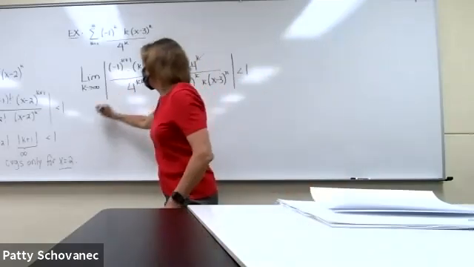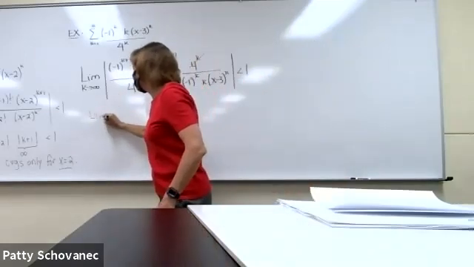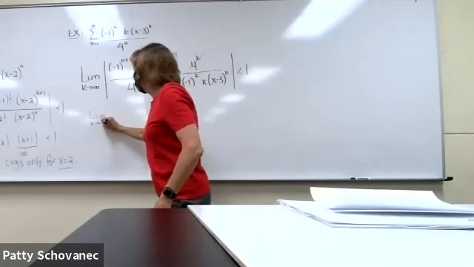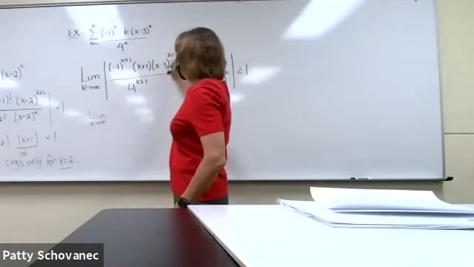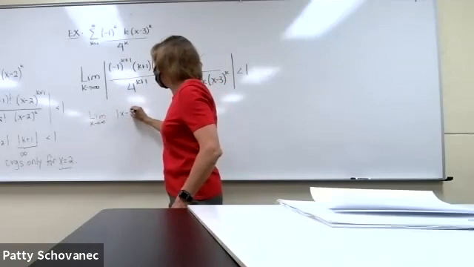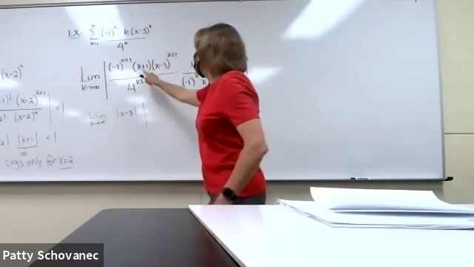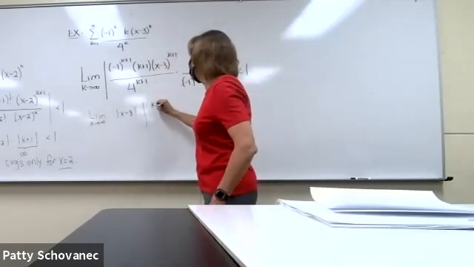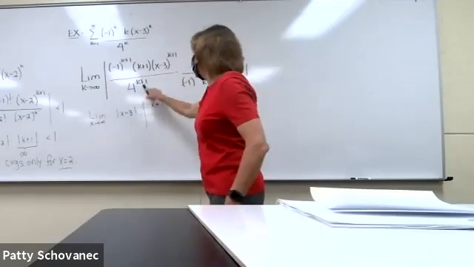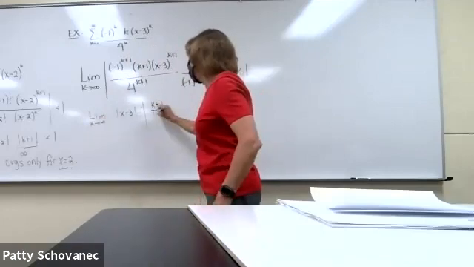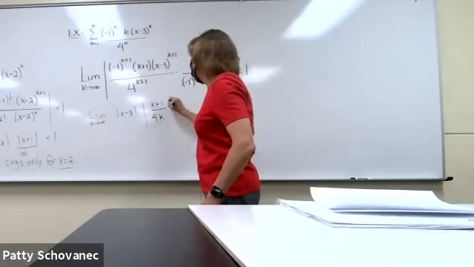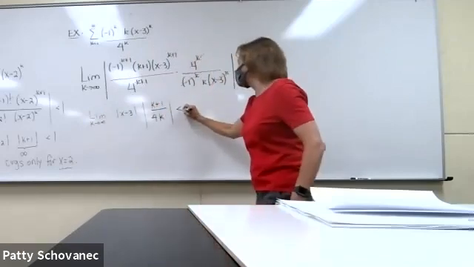So -1 is gone because of the absolute value. I've got the x minus 3 to the first power by itself, and then a k plus 1 on top, and a 4 to the 1 on the bottom times k. Finding where that's less than 1.